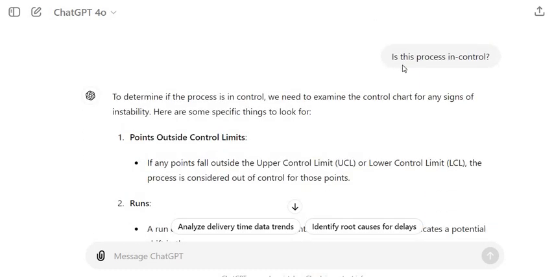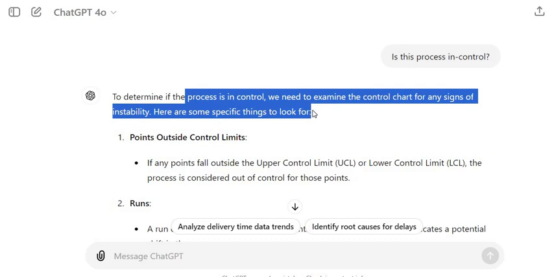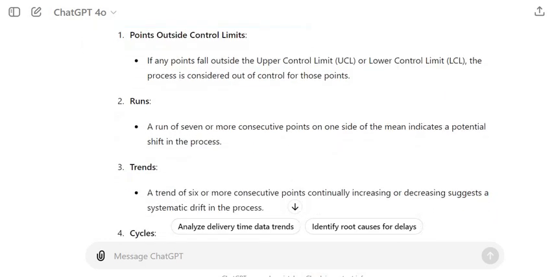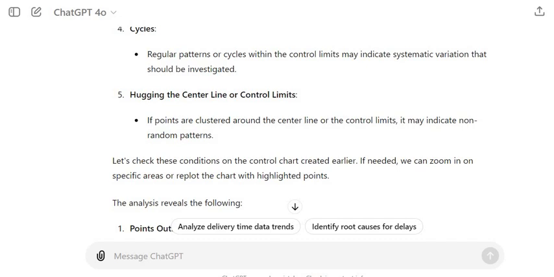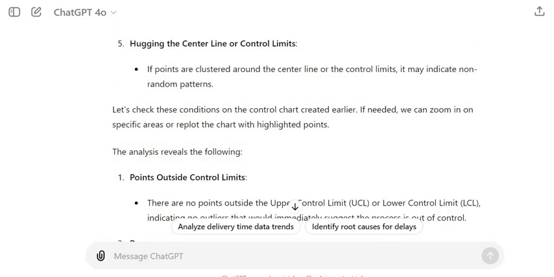So I asked it, is this process in control? And it said, to determine if the process is in control, we need to examine the control chart for any signs of instability. Here are some specific things to look for: points outside the control limit, runs, trends, cycles, or hugging the center line or control limits.